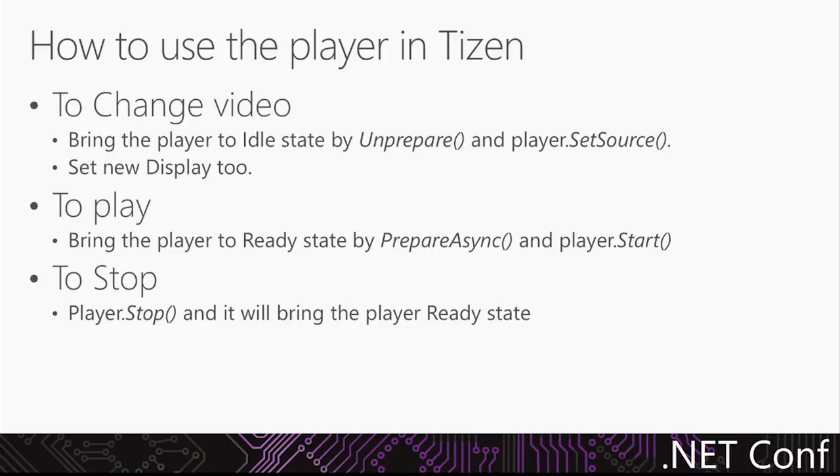Again, after stopping, to play again you simply call player start, because after stop the player is still in the ready state. If you want to change the video, you need to call unprepare to bring the player to the idle state. After that, you can set the source, bring the player to the ready state, and then play the video.